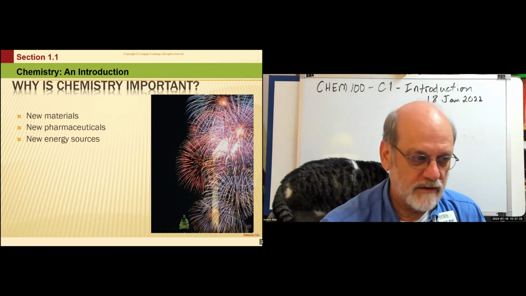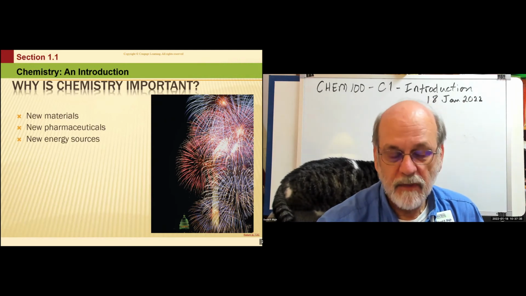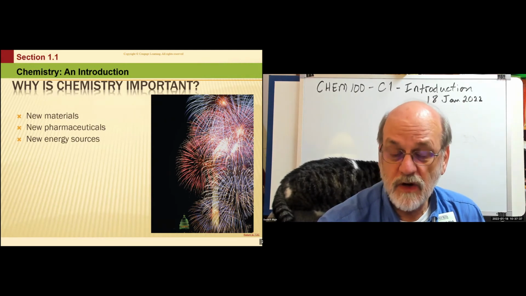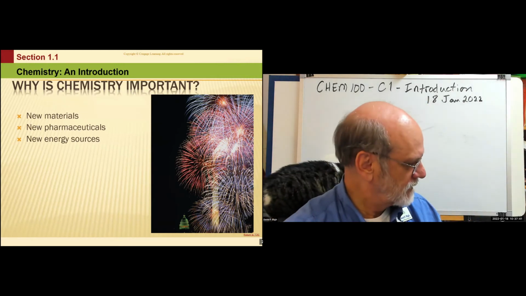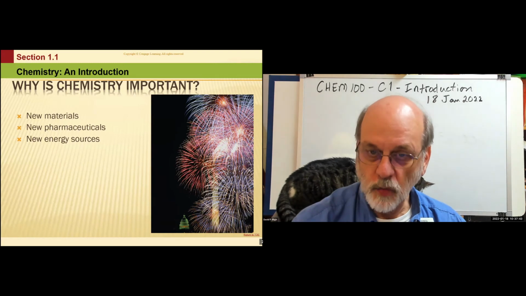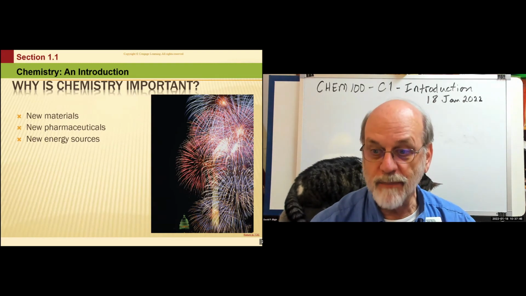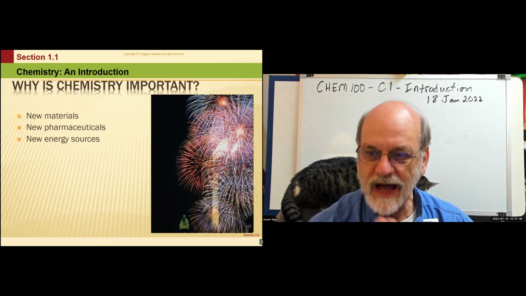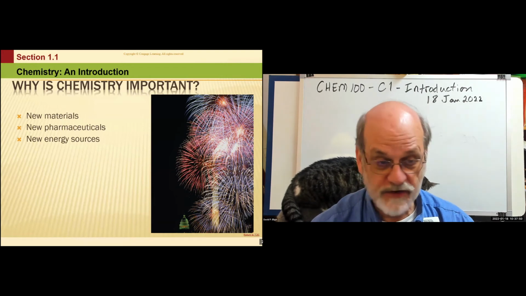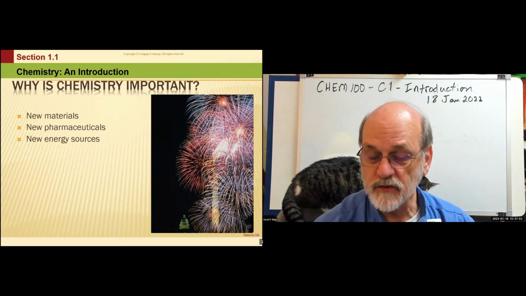New energy sources. All right, for the longest time, the only thing we had to burn to produce heat was either wood or animal droppings. Dried dung is still used in third world countries.